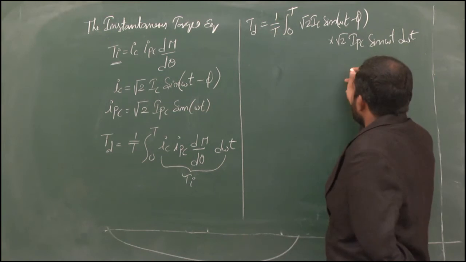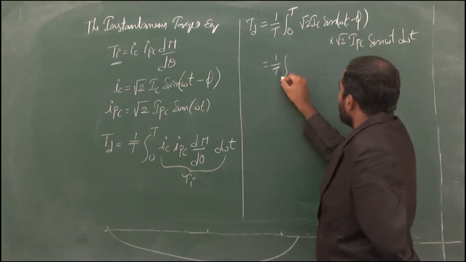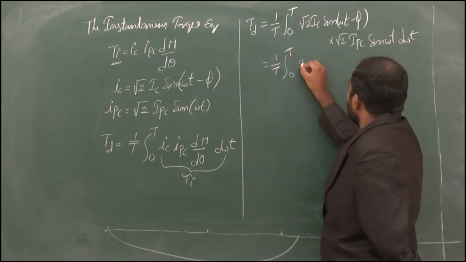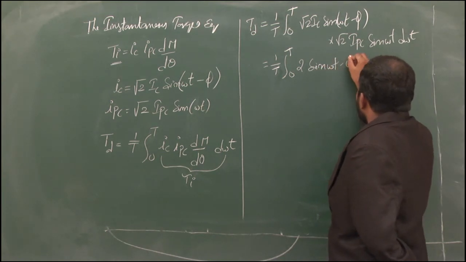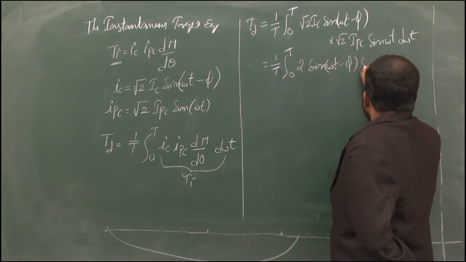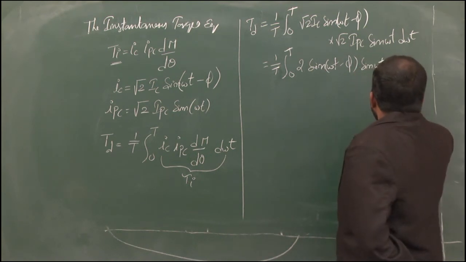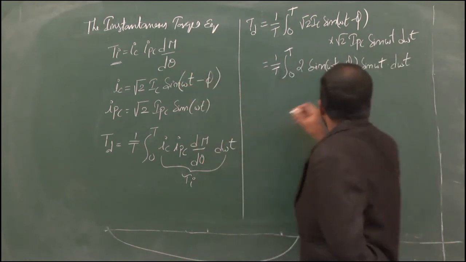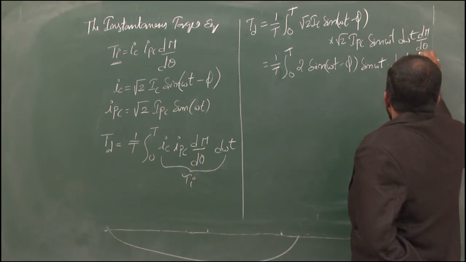So when you solve this expression, you get 1 by T integral 0 to T. Root 2 into root 2 is 2, and you have sin omega t minus phi into sin omega t into d omega t, and you are left with dm by d theta. So I am simply keeping dm by d theta over here.